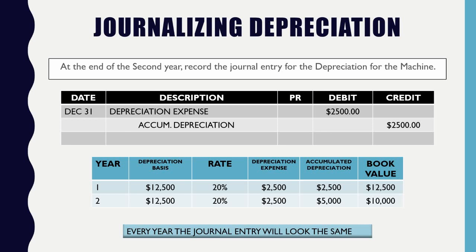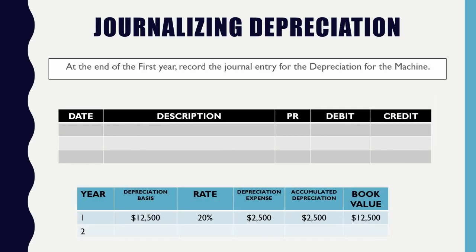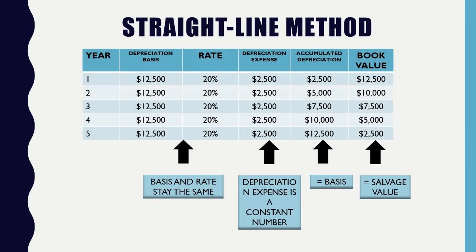In this case, there is no need to fix the last year. We're at where we're at, okay? And we just depreciate it every year for the same exact amount until we end up matching the total amount of depreciation, which is going to equal your depreciation basis, and your book value is going to equal salvage value.